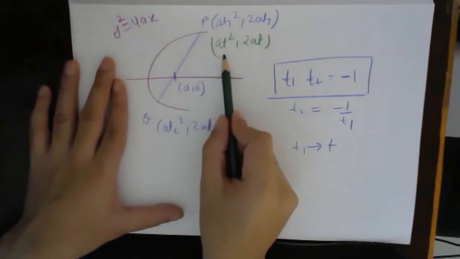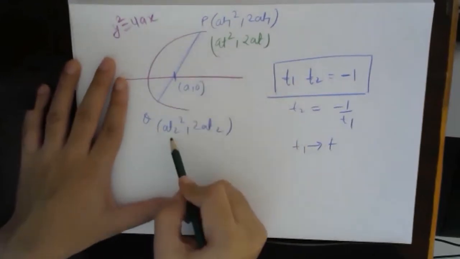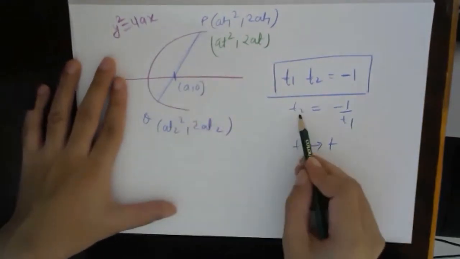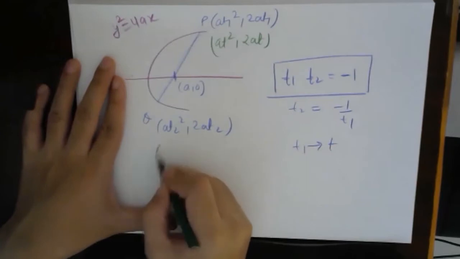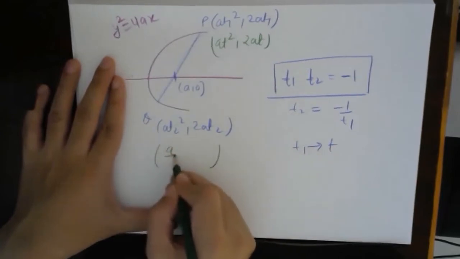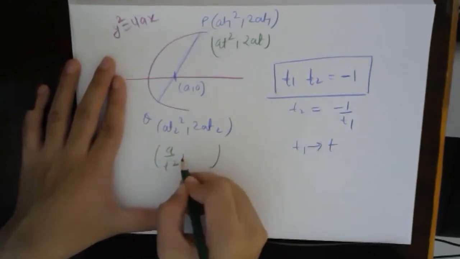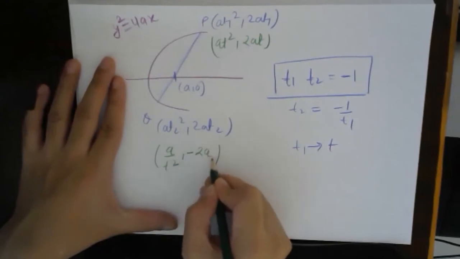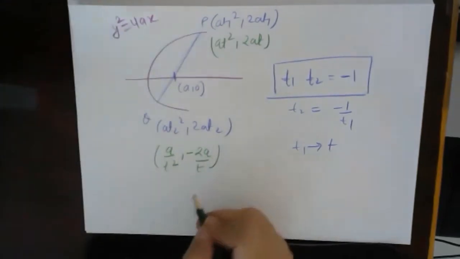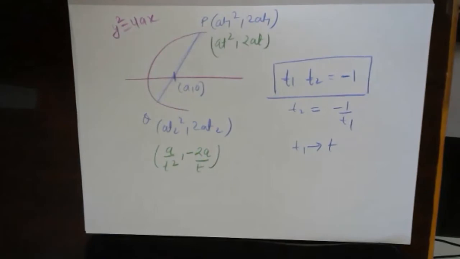If this is t, then what will t2 become? t2 will become minus 1 by t. So this point Q will become a by t square comma minus 2a by t.